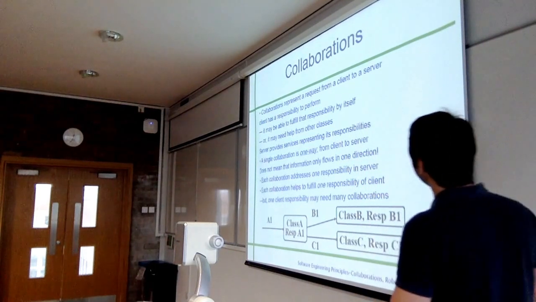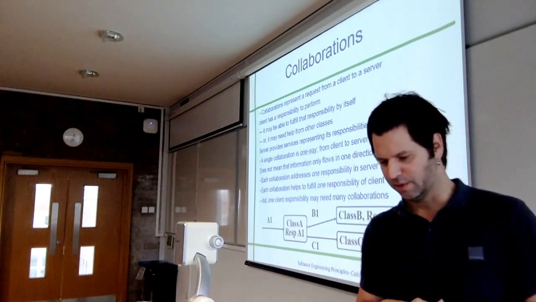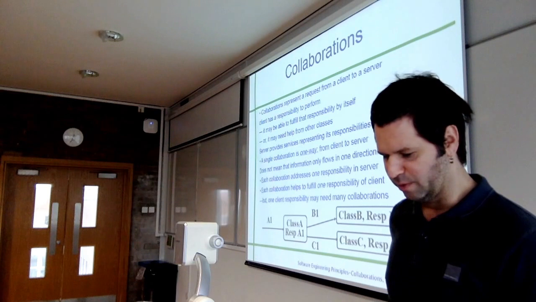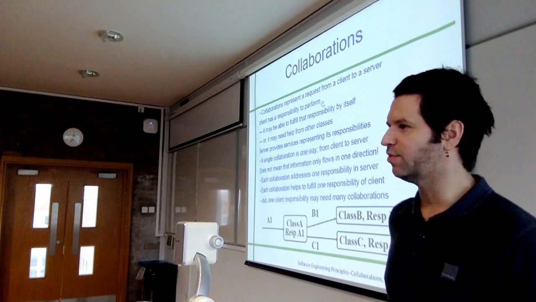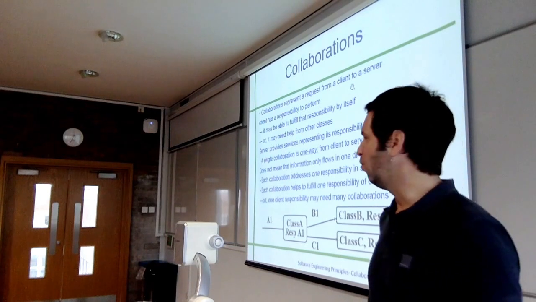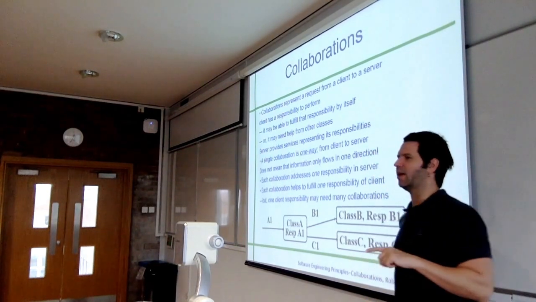So collaborations represent a request from a client to a server, right? The client has a responsibility to perform. It may be able to fulfill its responsibility without any help by itself, or it may need help from other classes.